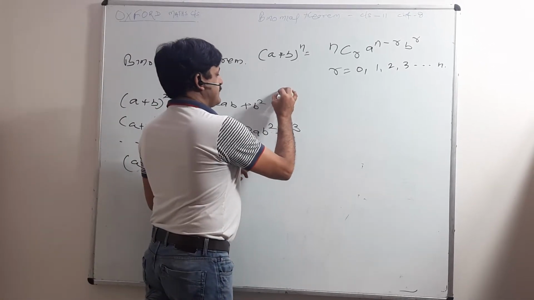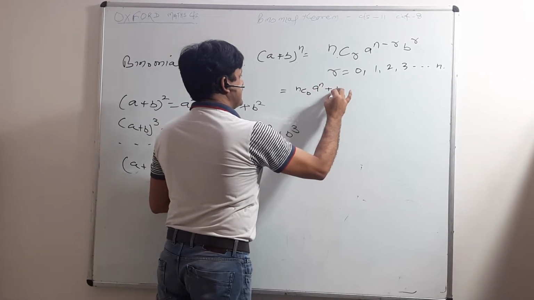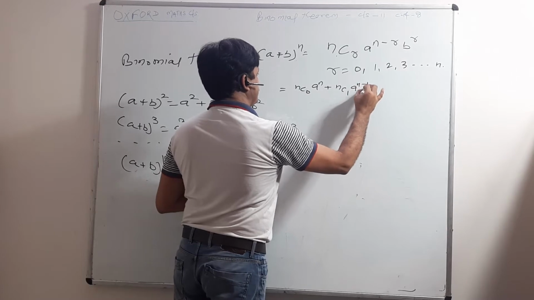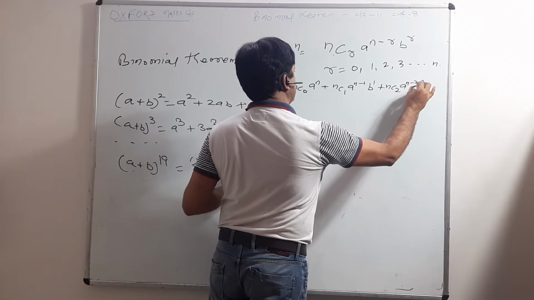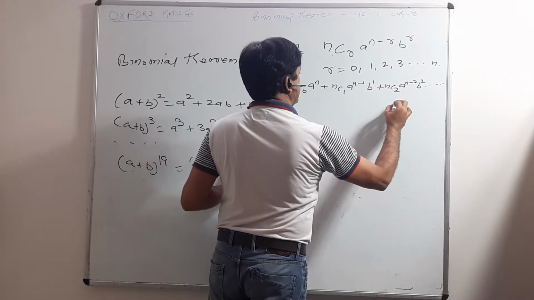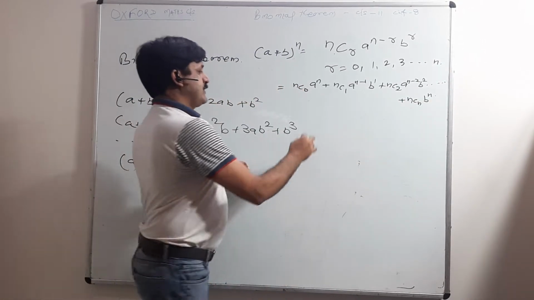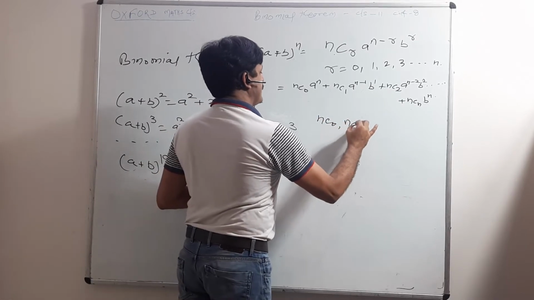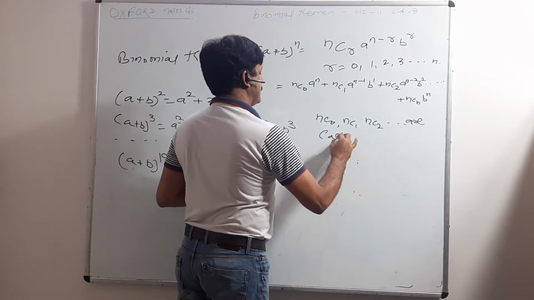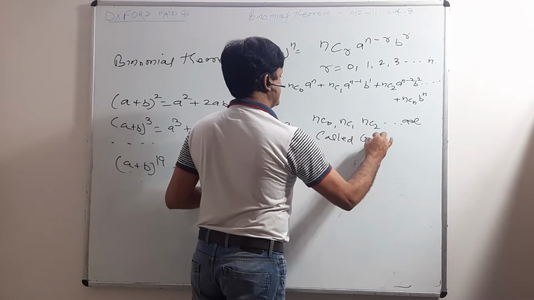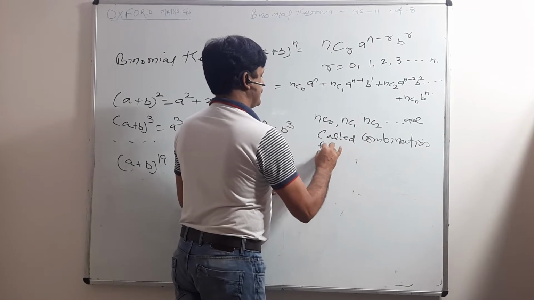We can say nC0 a to the power n plus nC1 a to the power n minus 1 b to the power 1 plus nC2 a to the power n minus 2 b to the power 2, and so on, plus nCn b to the power n, where nC0, nC1, nC2 are called combination formulas.